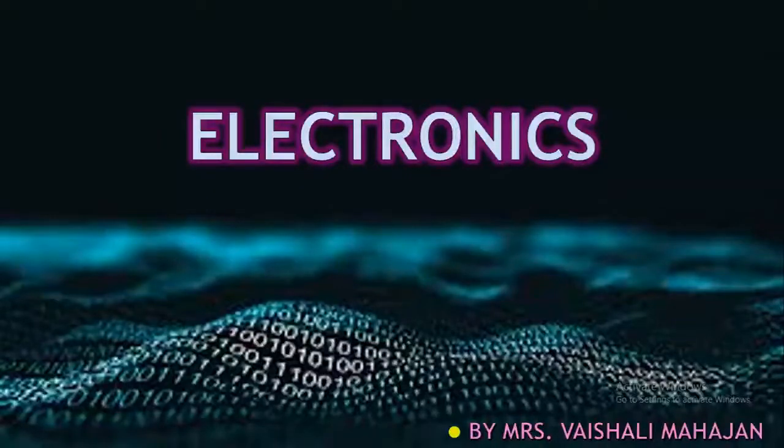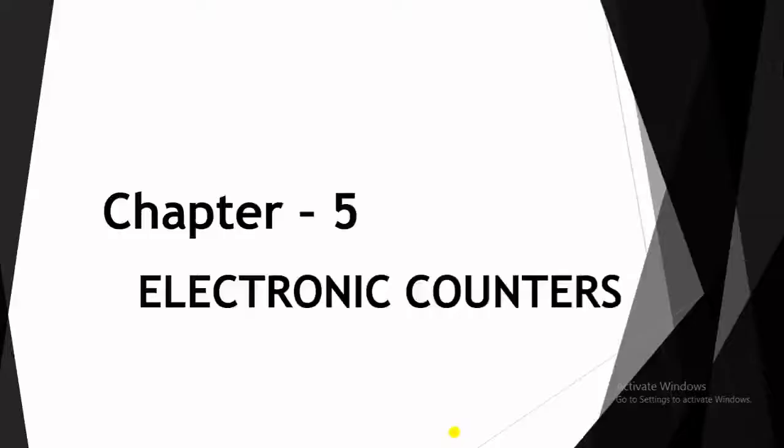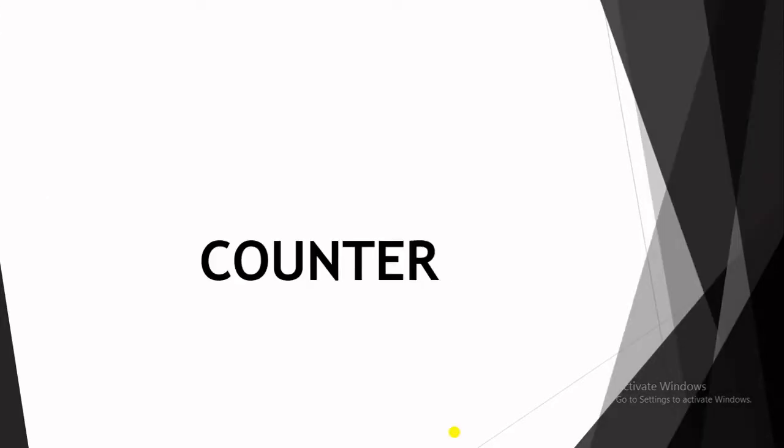Hello everyone, let's continue chapter number 5, electronic counter. In last lecture we started counters. In this topic we studied the 4-bit asynchronous counter, which is also called up counter because it counts 0000 to 1111.